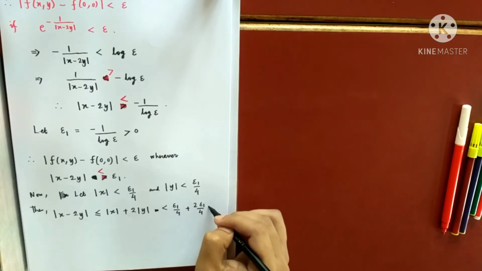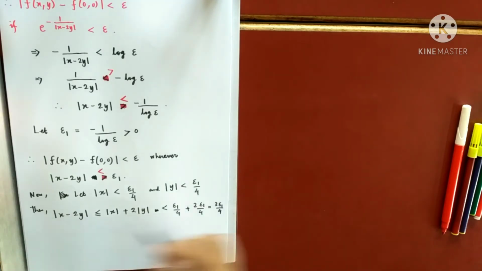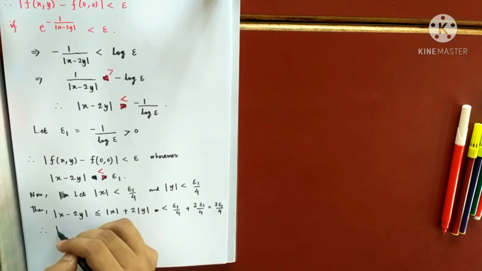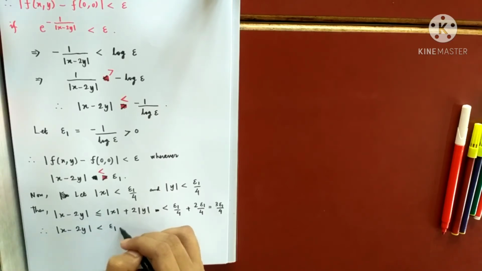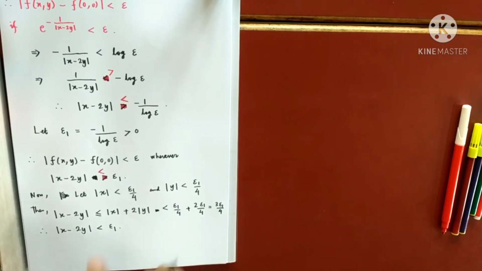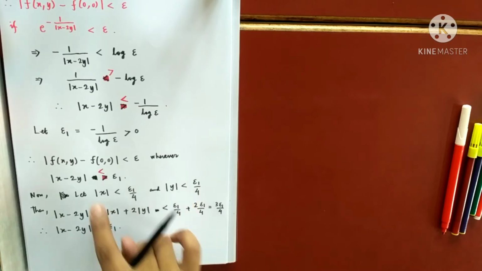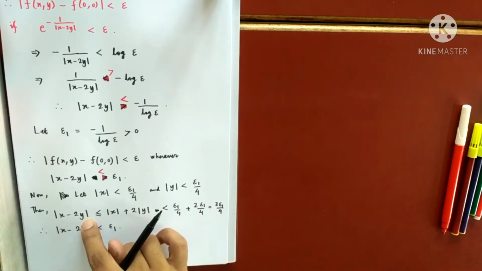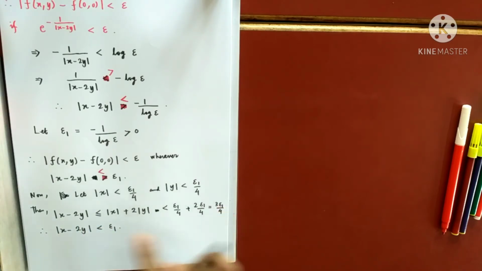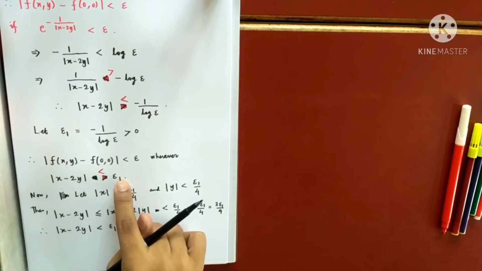You simplify this, it is 3 epsilon 1 by 4, which is less than epsilon 1. So whenever I am choosing points from this neighborhood, mod of x minus 2y is less than 3 epsilon 1 by 4, which is nothing but less than epsilon 1. This condition has been satisfied.